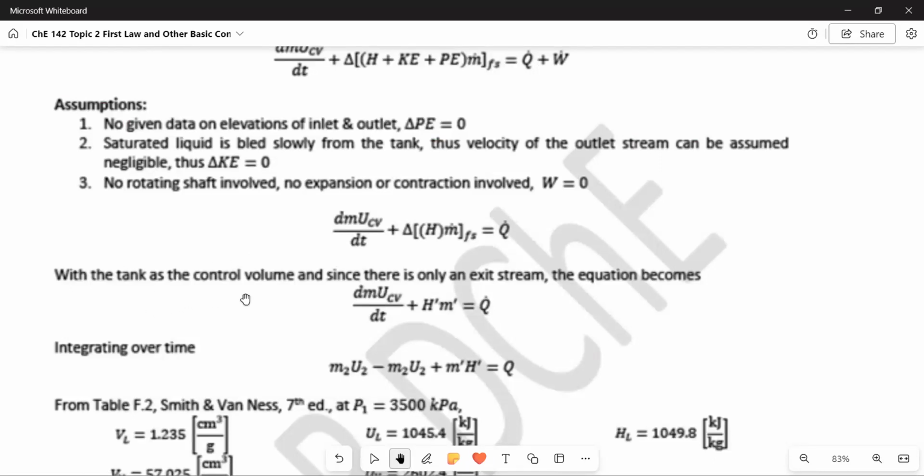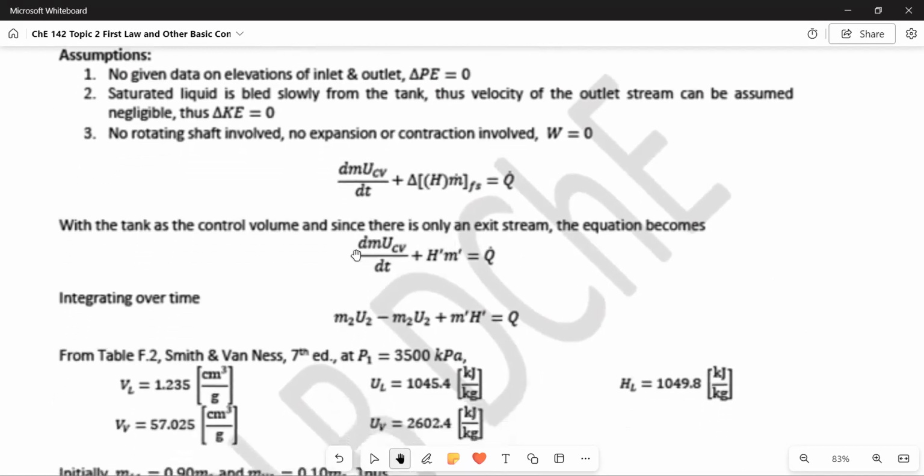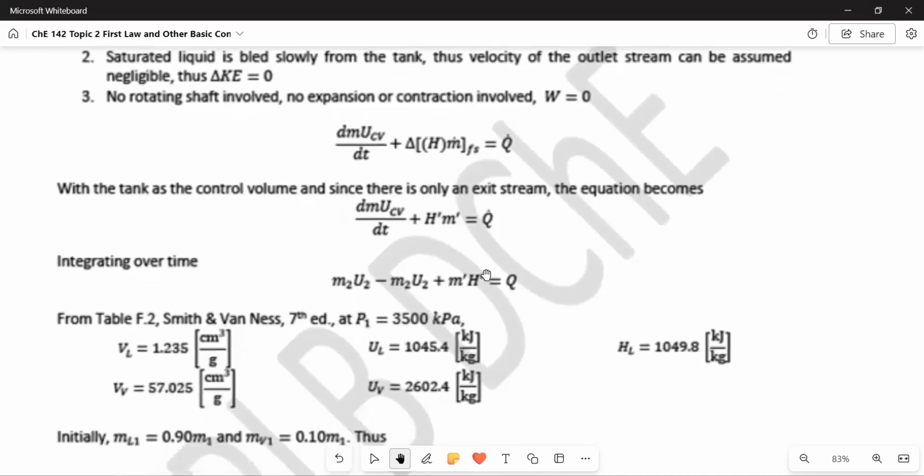Okay, so with the tank as a control volume and there's only an exit, we only have an outlet stream. Let's represent that by H prime and M prime. Okay, so this is the outlet or exit stream. Now we integrate. The integral of this term would be the mass 2, referring to the final mass, times the final internal energy.